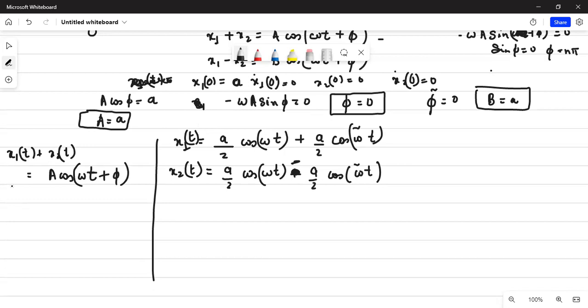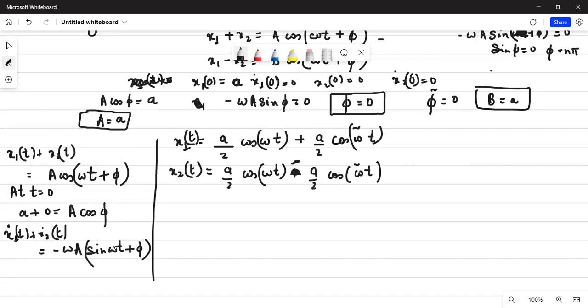At t equal to 0, we know that x1 at t equal to 0 is a and x2 is 0, so this will be a plus 0, and here I'll get a cos of phi. Is that clear? And if I differentiate, I'll get x1 dash at t plus x2 dash at t equal to minus omega a sine(omega t plus phi).